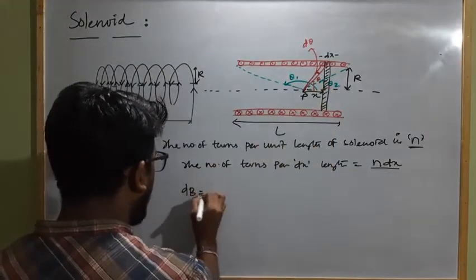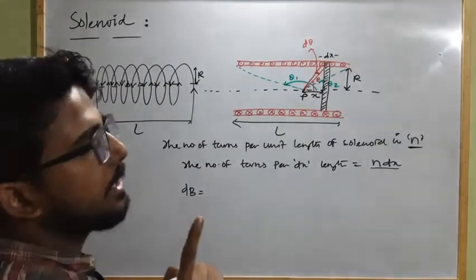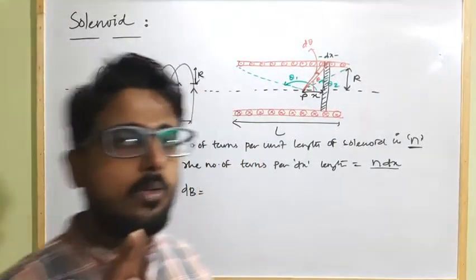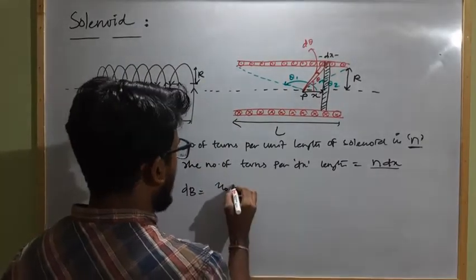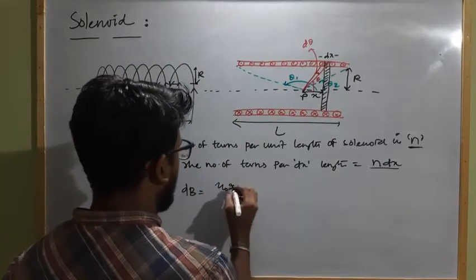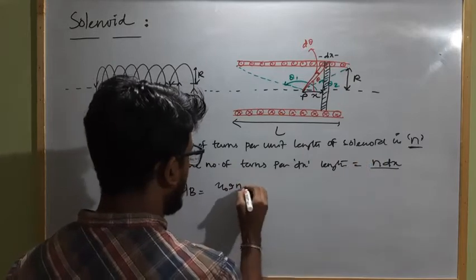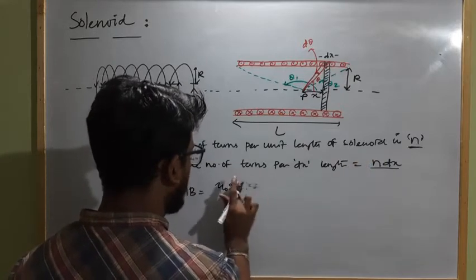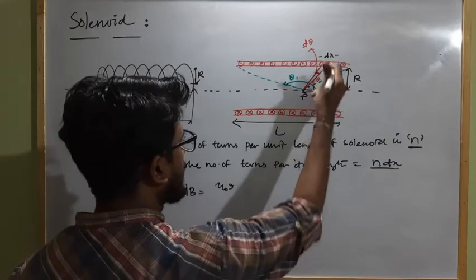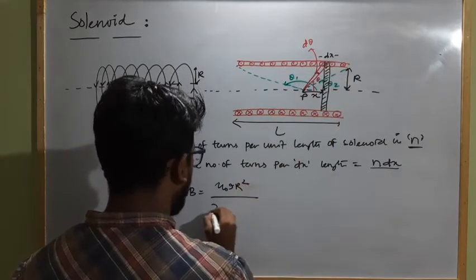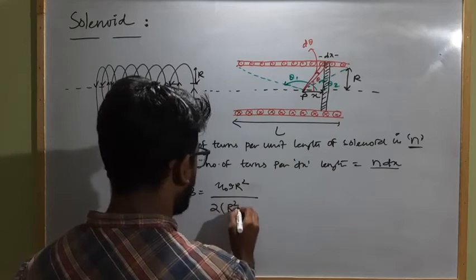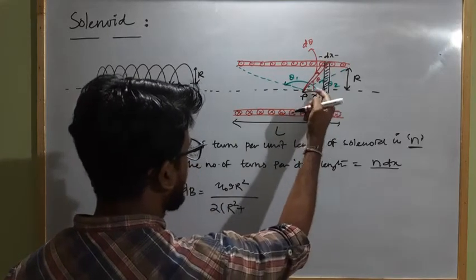dB will be equal to, we know the magnetic field strength due to a circular coil at any axial point is mu naught I R square divided by 2 into R square plus x square to the power 3 by 2, where R is the radius of the coil and x is the distance of the point of observation from the center of the coil.